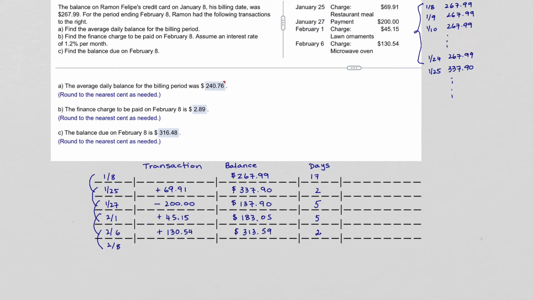Now I want to make sure that I figured out these days correctly. They should add up to 31 because there were 31 days in January, and that was the ending date of the month that we started in. So I add together 17 and 2 is 19, and 5 and 5 added to the 19 make 29, and 2 is 31.